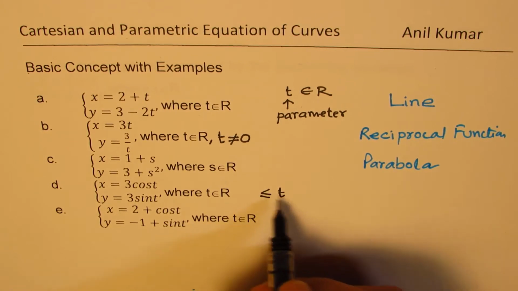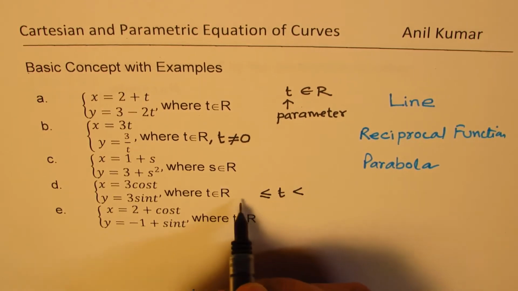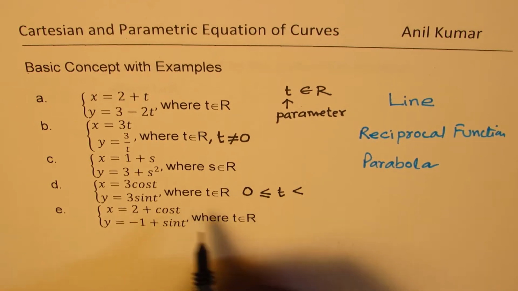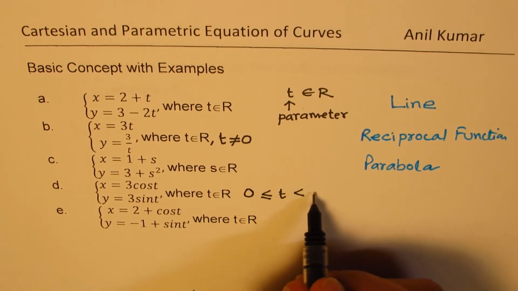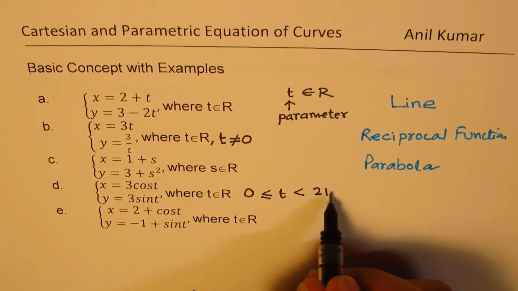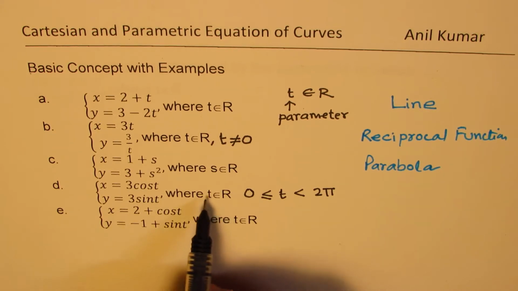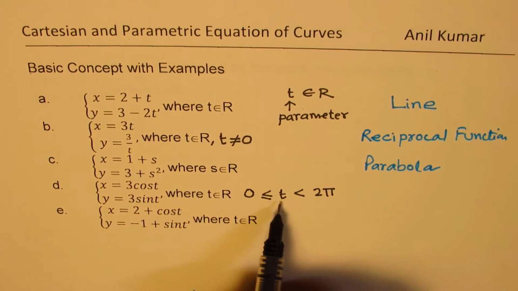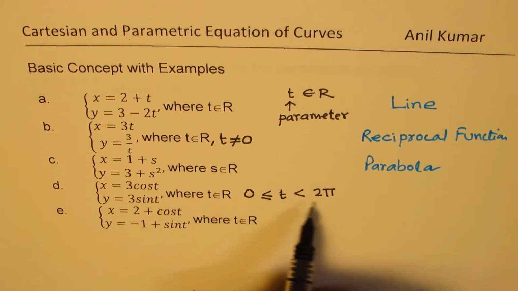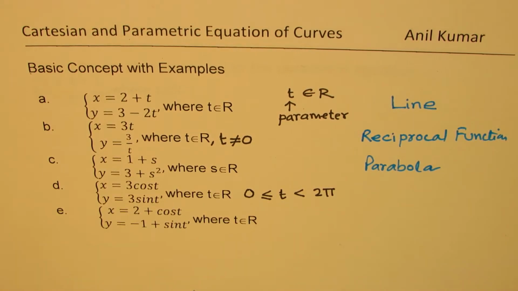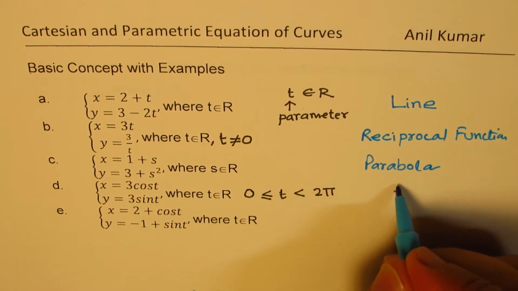So we could say t is between 0 degrees and, let's say, 360 degrees, or we could use radians, 2 pi. So in this case, we are taking t in radians from 0 to 2 pi. We'll show you that this actually represents a circle.